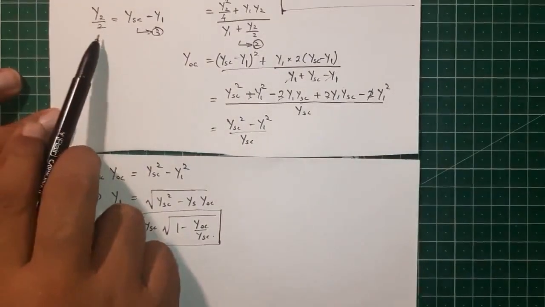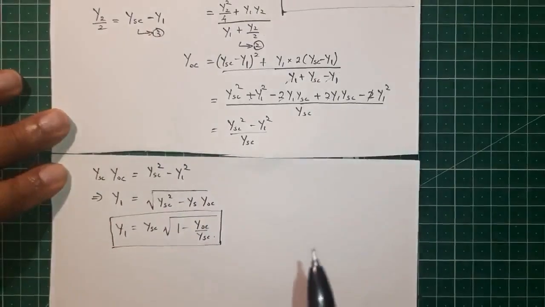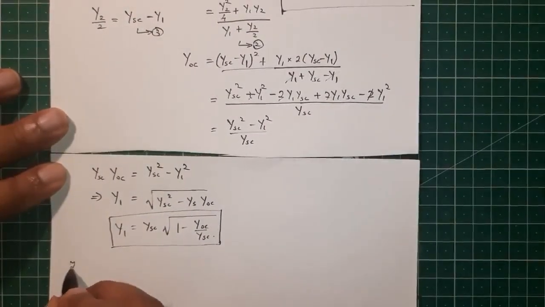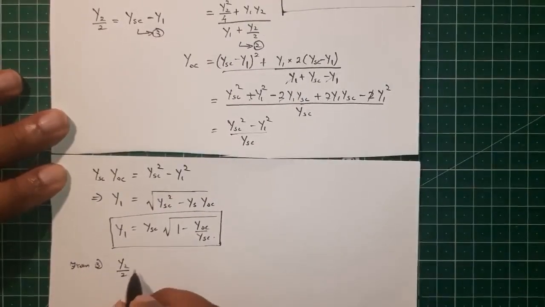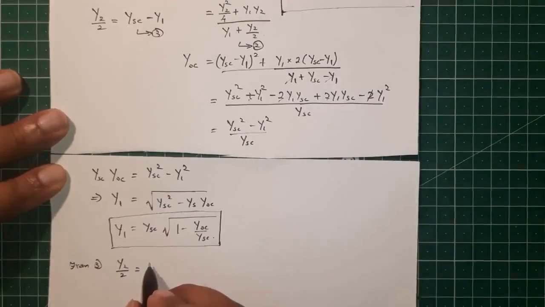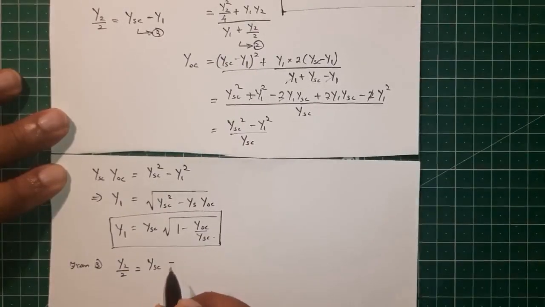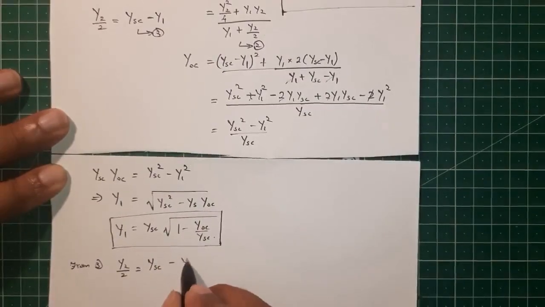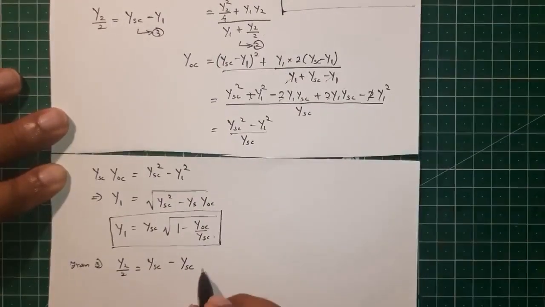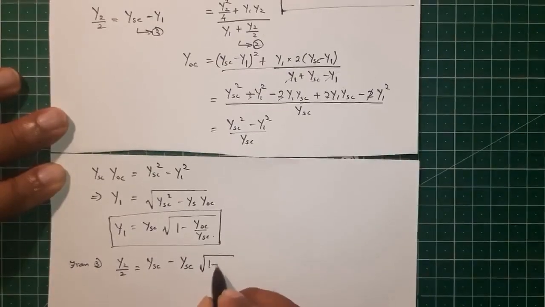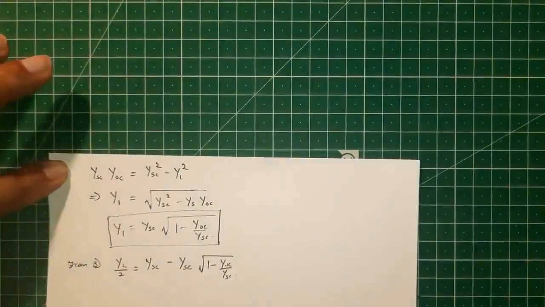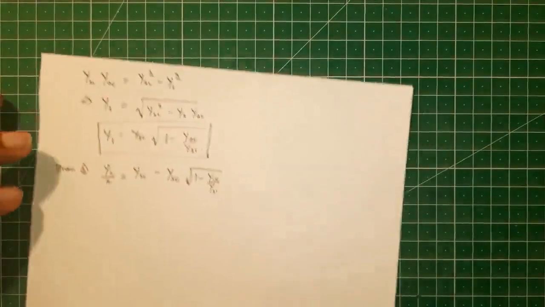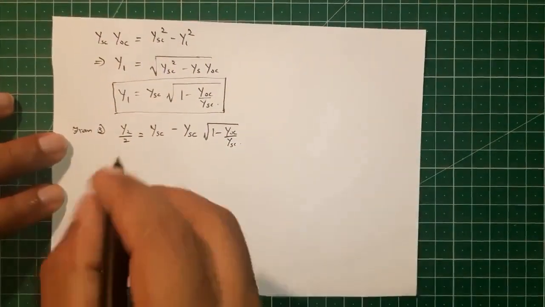Now what is Y2 by 2? Y2 by 2 is YSC minus Y1. So from equation 3 we can write Y2 by 2 is equal to YSC minus Y1, and Y1 is this term, YSC root of 1 minus YOC by YSC.